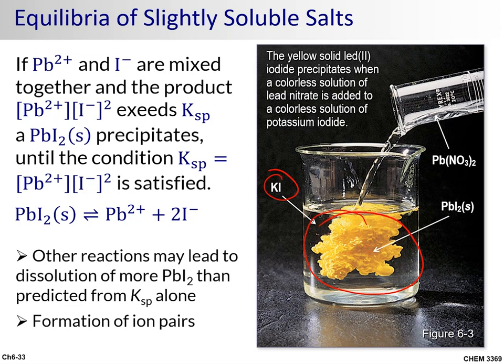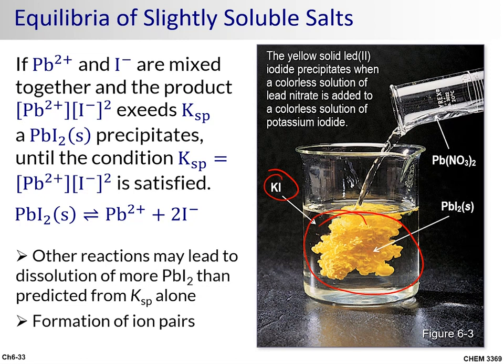The other factor is the concentration of these ions. In order for the precipitate to form, the concentrations of the ions have to be great enough so that the reaction quotient exceeds the KSP value. Okay, so the precipitate will only form if the product of the concentrations of the ions exceeds the KSP.